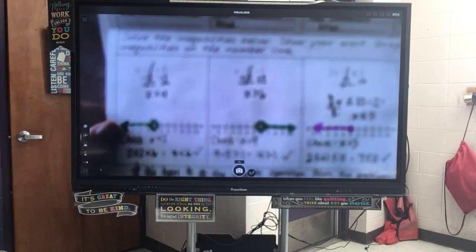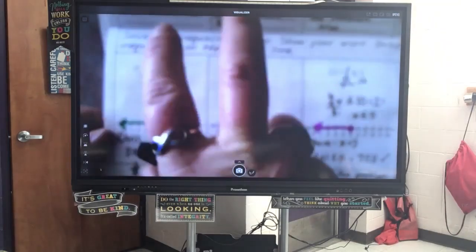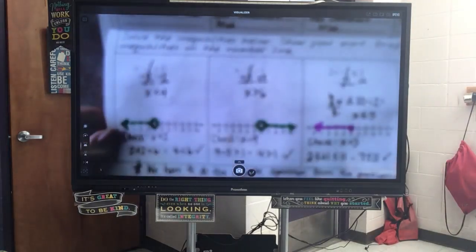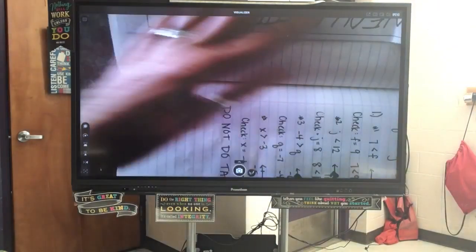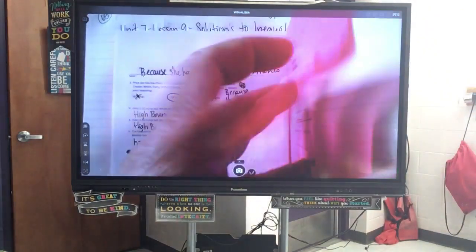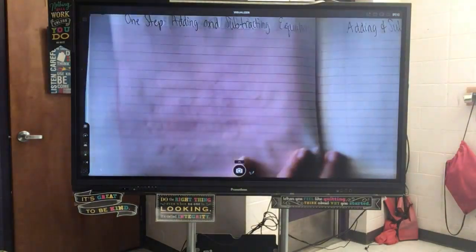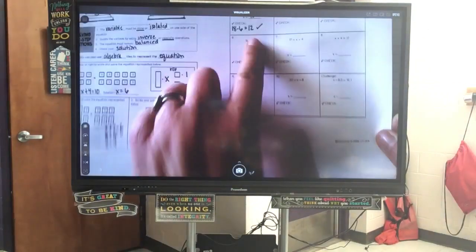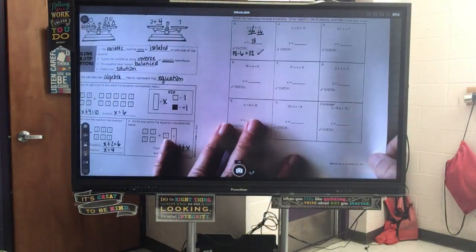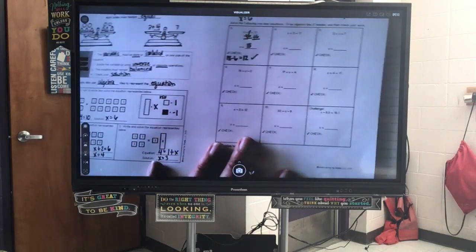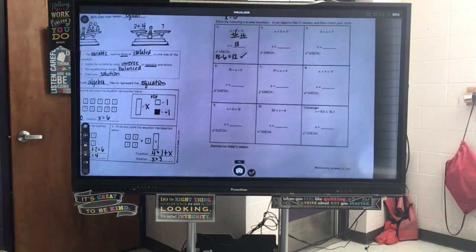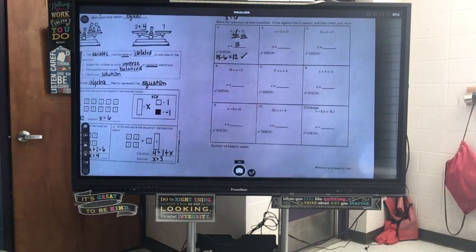What's the only difference between the inequalities and the equations that we're doing today? It's the only difference. Look at C. You can see the difference between inequalities and essentially what we just did here. Kylie, say it one more time.